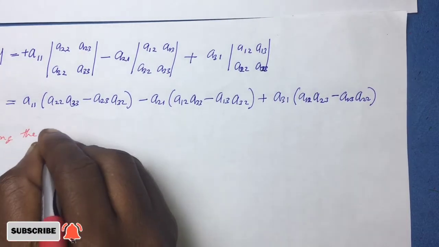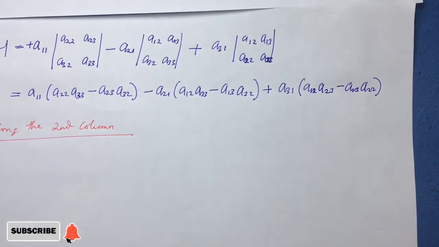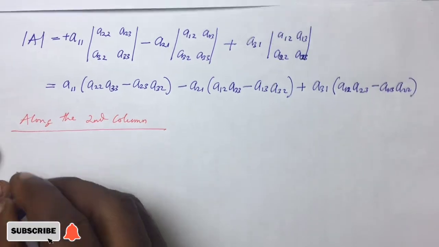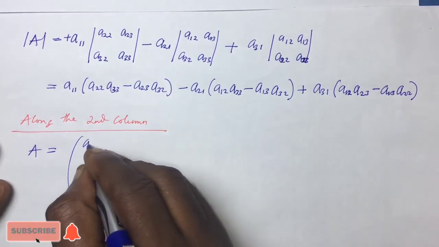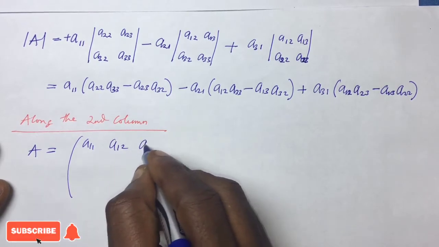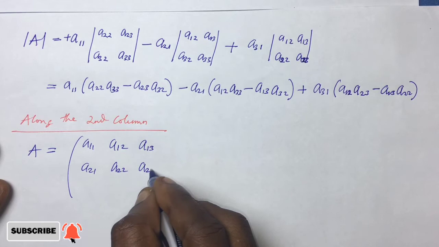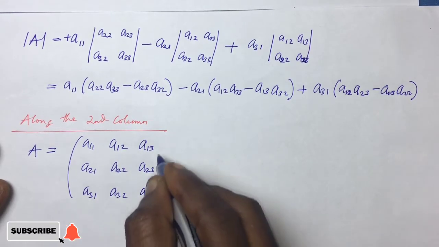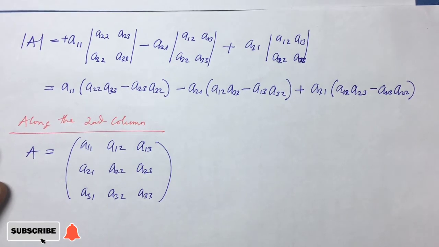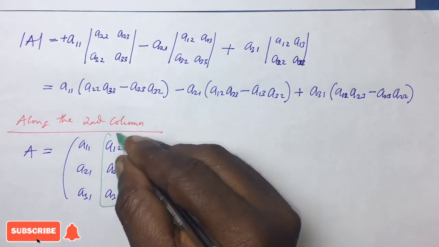Along the second column, you can do the same. If you take along the second column, again, A is A11, A12, A13, A21, A22, A23, A31, A32, A33. This is the second column.